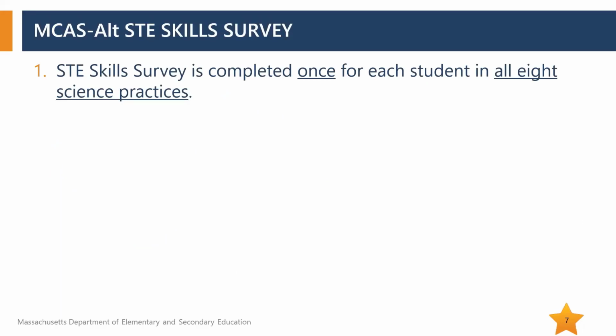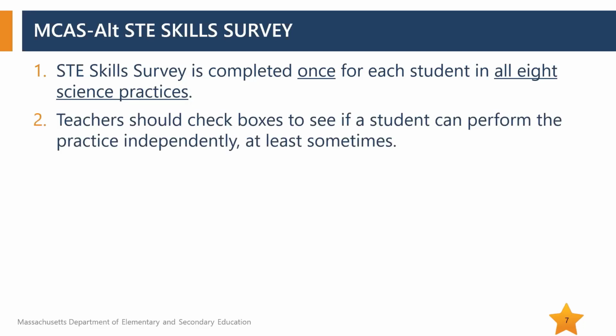So the skill survey is going to require you to fill out all 8 science practices. No matter what science practices you end up with, you still have to do all 8 science practices for the skill survey. You're going to check the box if a student can perform that practice as independently as possible. If it needs some support, that's fine.